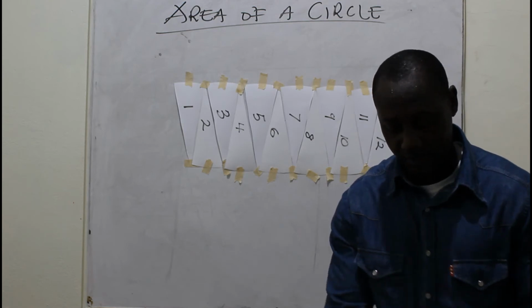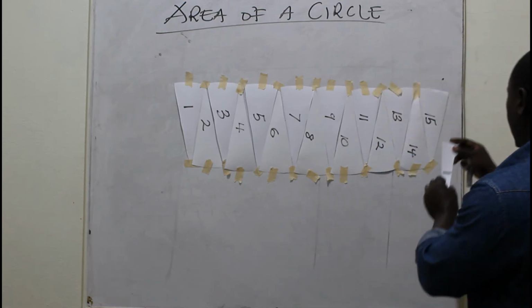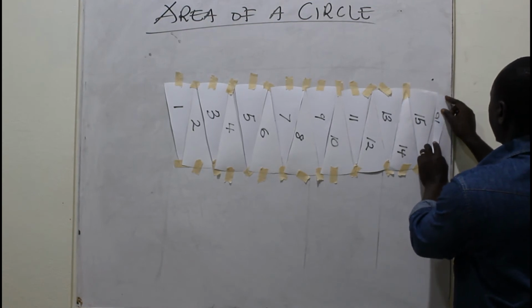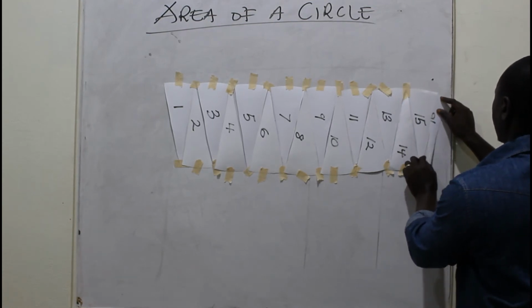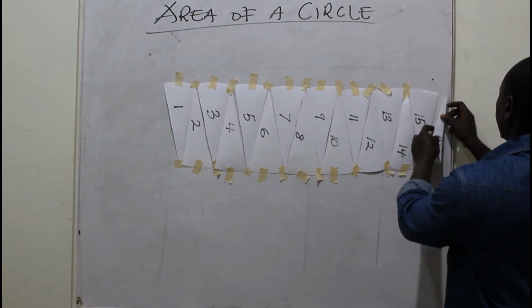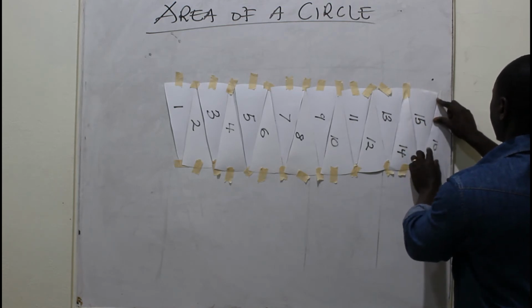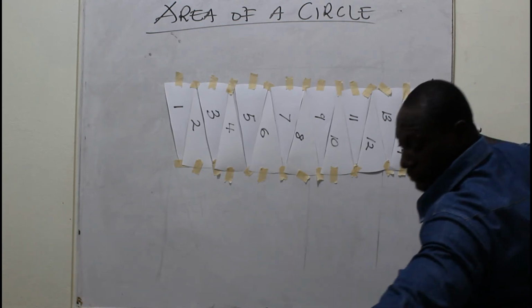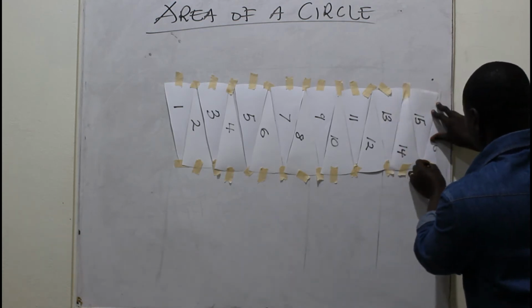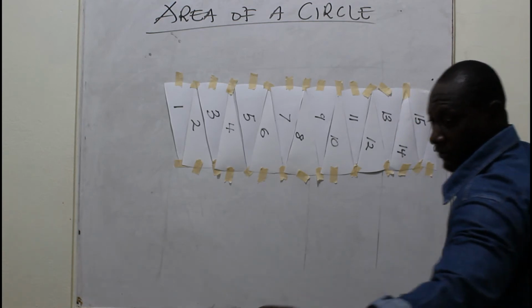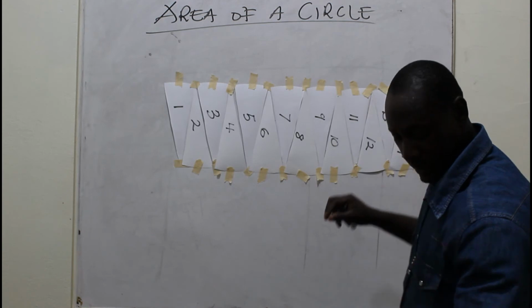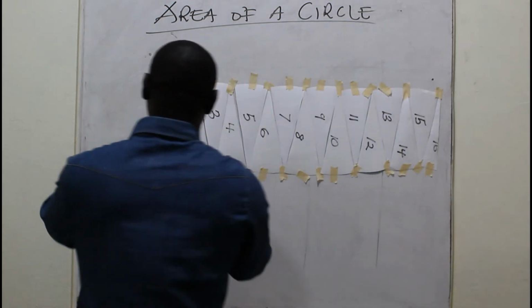So when you're done with that, you put one side at this end. Following the same pattern, then the other parts also can be brought here.